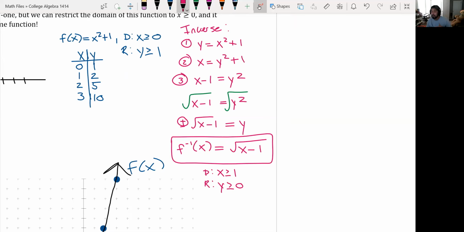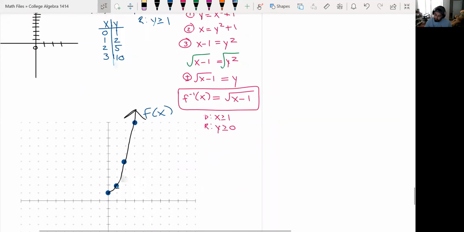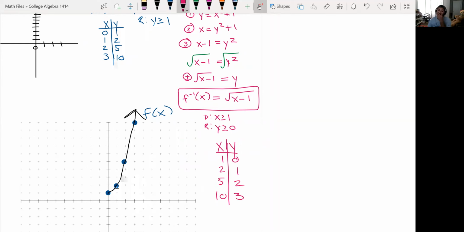By using that same XY chart, all we're going to do is switch out the values. 1, 0, 2, 1, 5, 2, 10, 3. Okay.